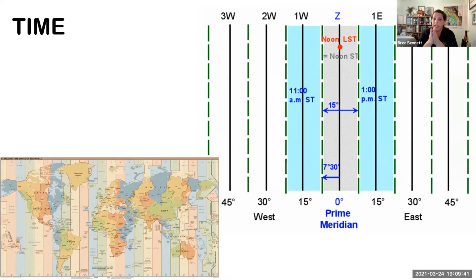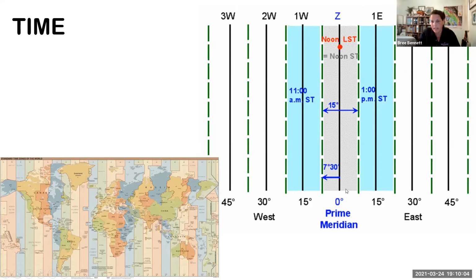So for Zulu time, your 15 degrees are centered on Zulu: 7.5 to the east and 7.5 to the west of 0. Your next zone description is centered on 15, but it goes 7.5 to either side.